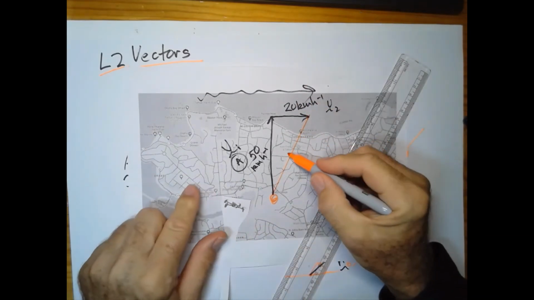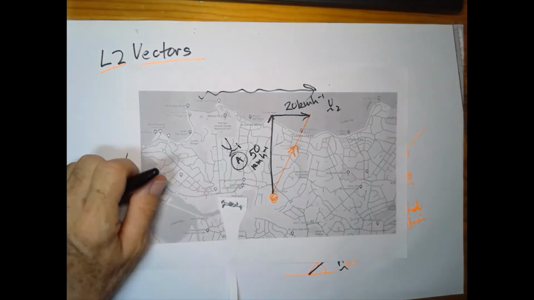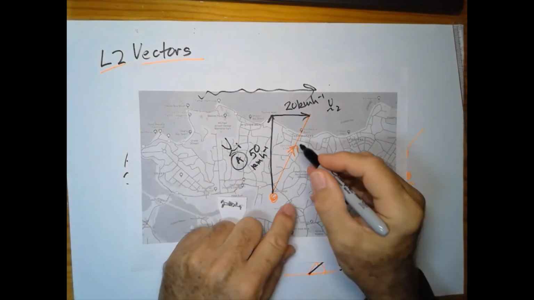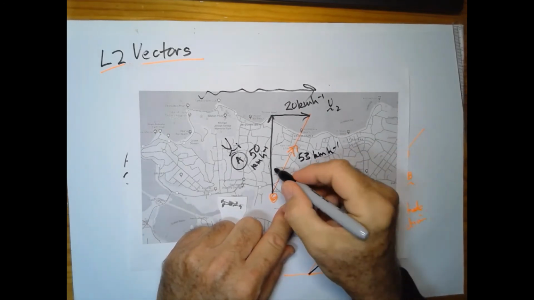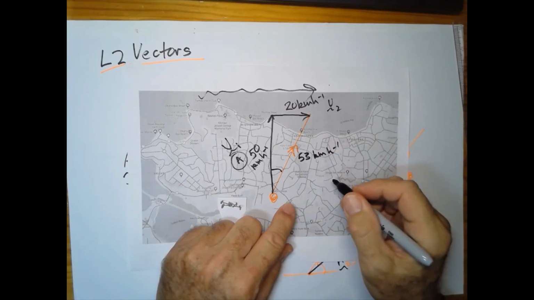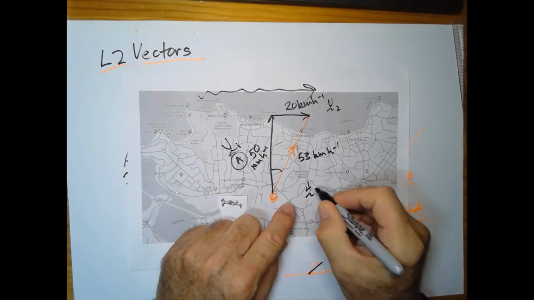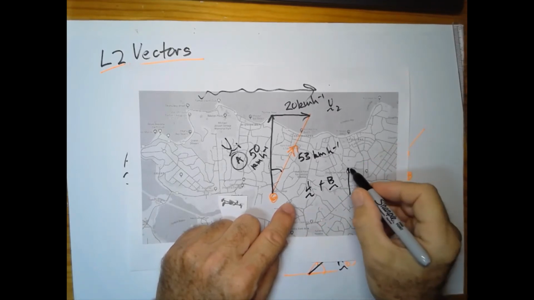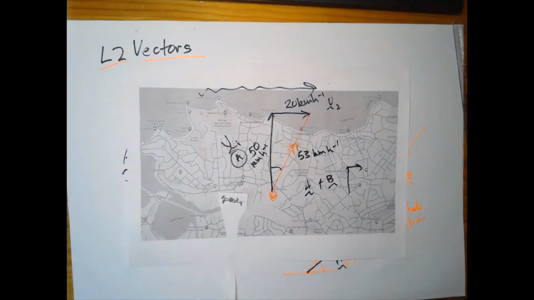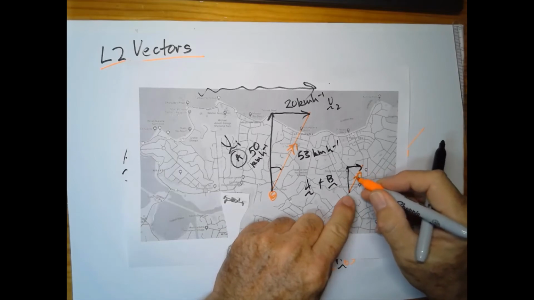This is the resultant vector, and that will be about 53 kilometers per hour in this particular direction. Addition of vectors: A plus B is equal to the resultant, which we usually mark with two arrowheads in the middle of it, and that's our resultant vector.